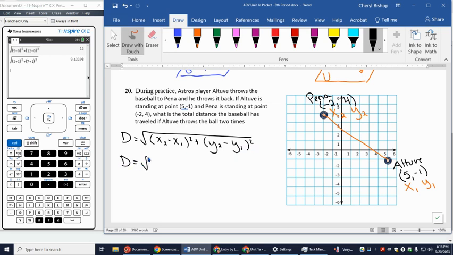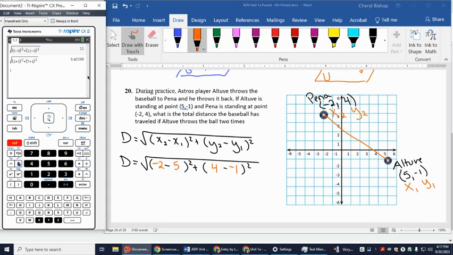So distance equals the square root of (blank minus blank) squared plus (blank minus blank) squared. And then what am I going to put in place of x2? -2. What about x1? 5. y2? 4. y1? Do I have to put the negative? There's already a minus. Yes.